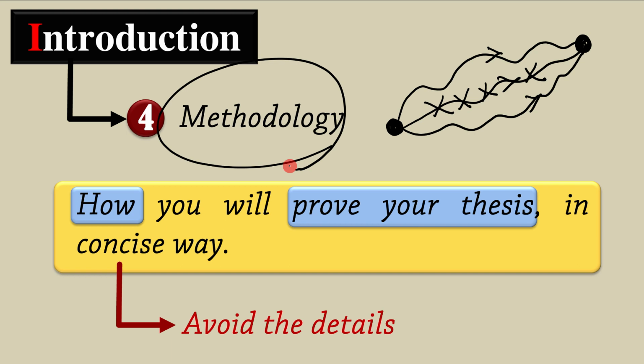Avoid any detail. Don't tell them the detail. Just tell them how you are going to prove it, which kind of experiment you are going to do, which kind of database you are using, which kind of research could be done here to prove that thesis statement. That's all, in general. Later, I will tell you everything about methodology in the coming videos.